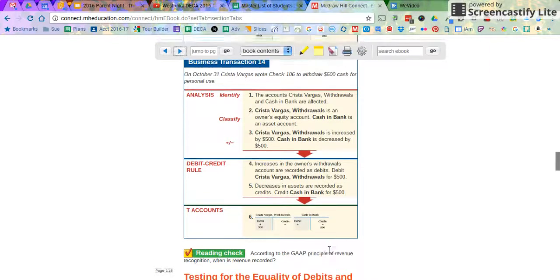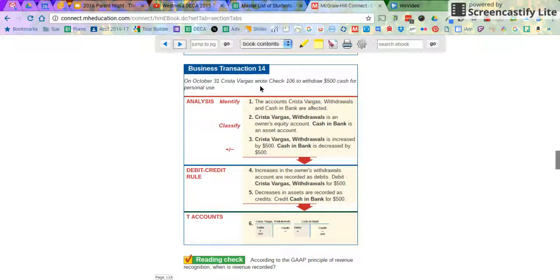And then our last one here is for the withdrawal. So she wrote a check to withdraw $500 cash for personal use. So very similar to an expense, the transaction is, but the concept isn't because it's not an expense of doing business. She didn't have to take out money. So we're going to look at that in our financial reports differently.